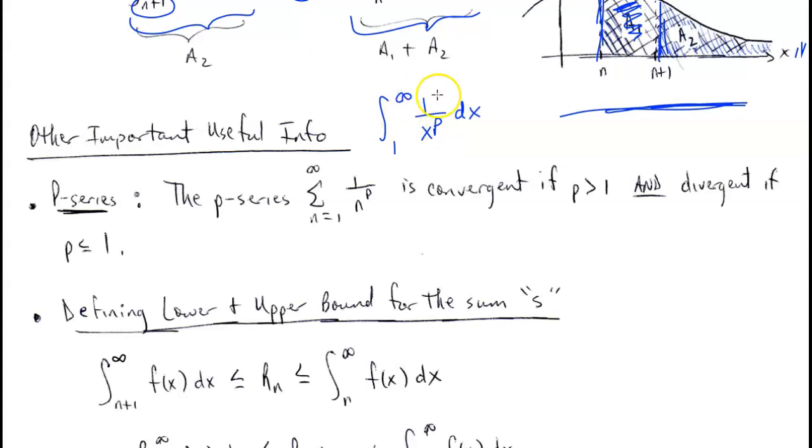And we said that this particular improper integral here will converge as long as P is greater than 1. If P was less than or equal to 1, then this particular improper integral would diverge, okay? So converge if P is greater than 1, it will diverge if P is less than or equal to 1.